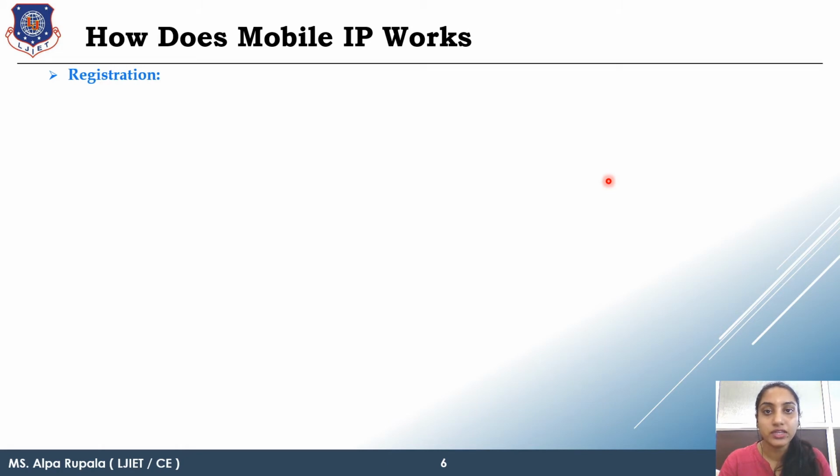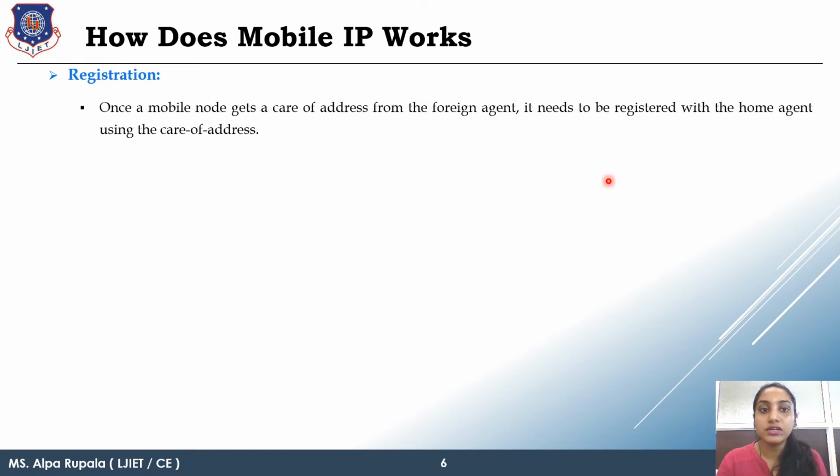So the task of your mobile node now is to register its care of address with the home network, or the home agent. Ultimately, the registration process is that your mobile node will register the care of address with the home agent.